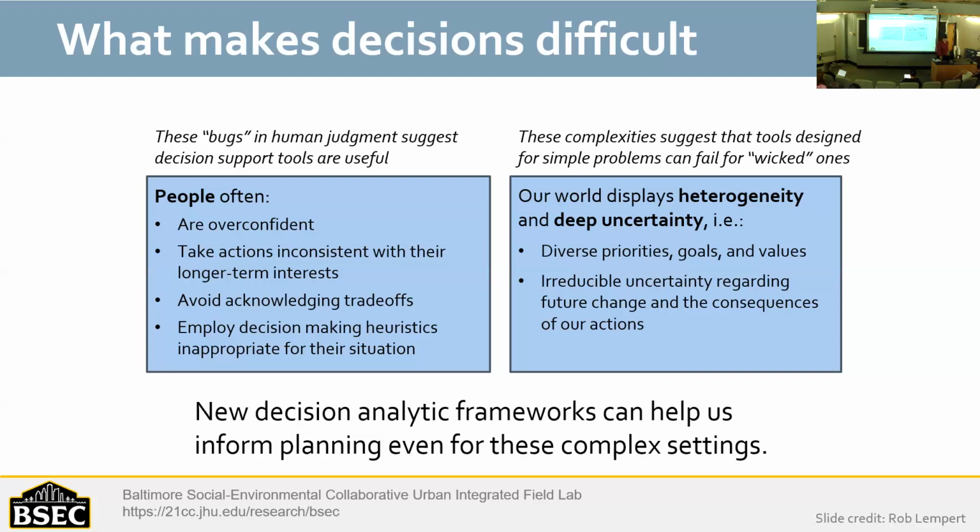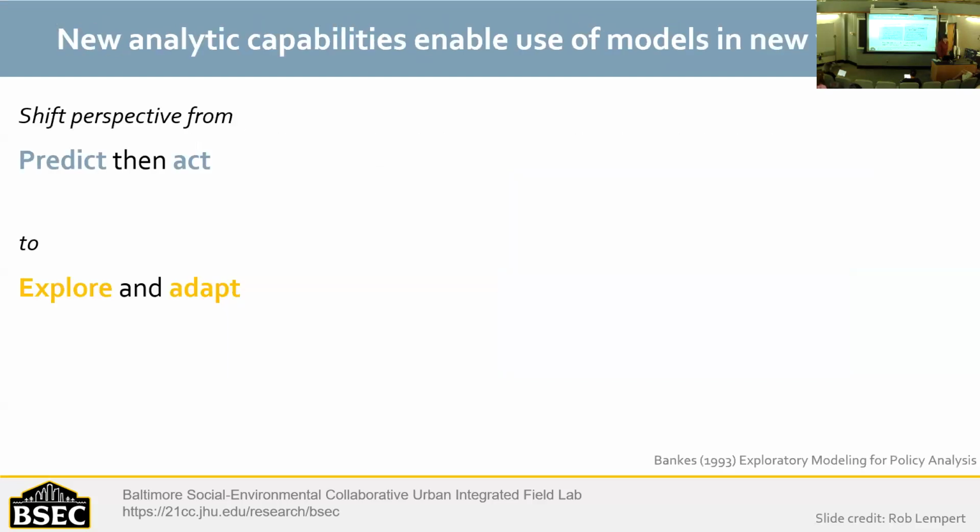So what we have to do instead is use decision analytic frameworks that help us plan in this case. And the way we go about this in my field really requires a shift in perspective from a perspective of predict and act to a perspective of explore and design adaptation, or figure out what the adaptation could be.